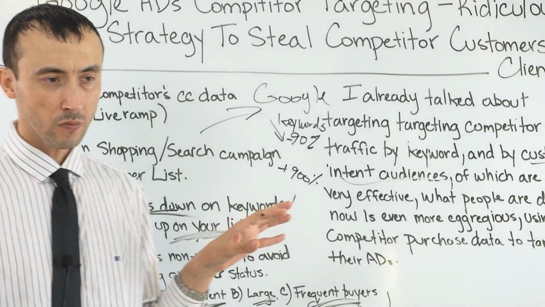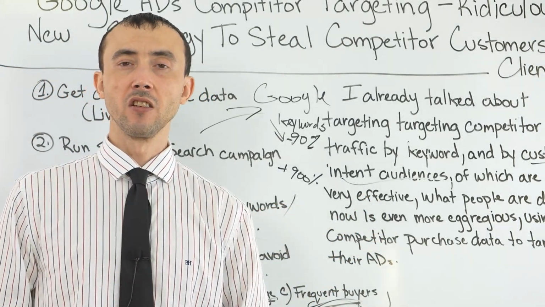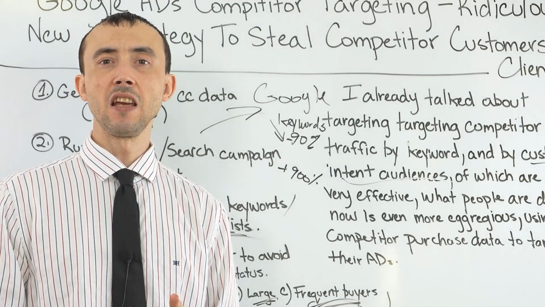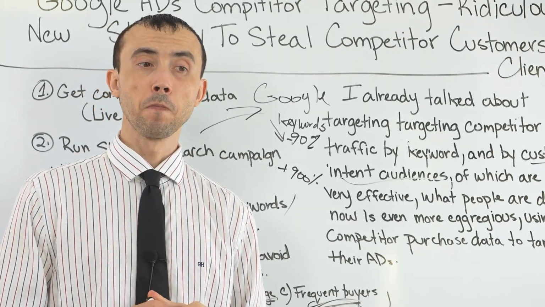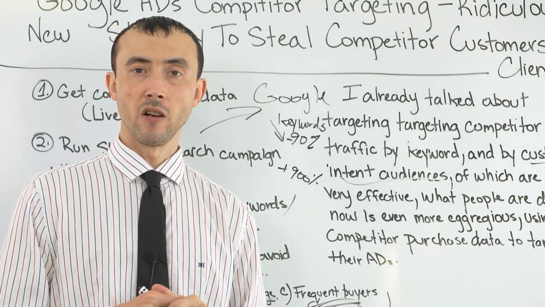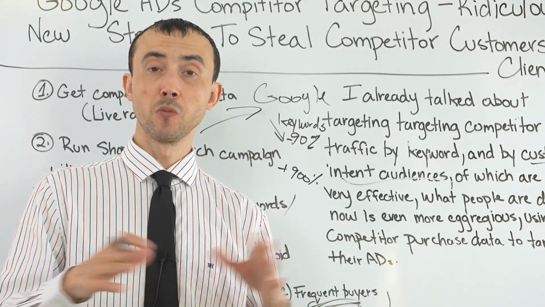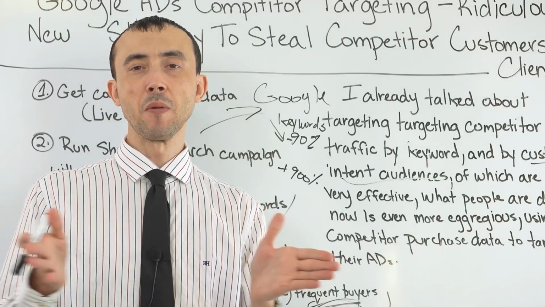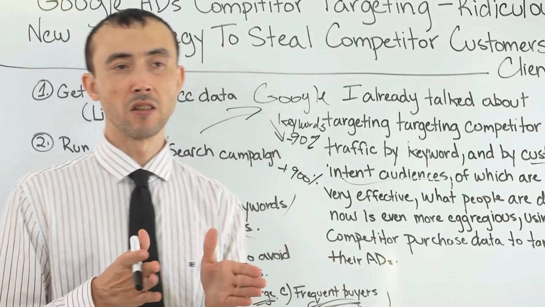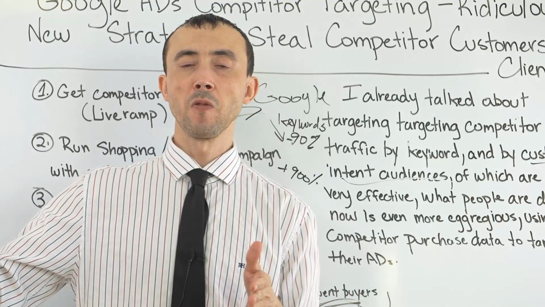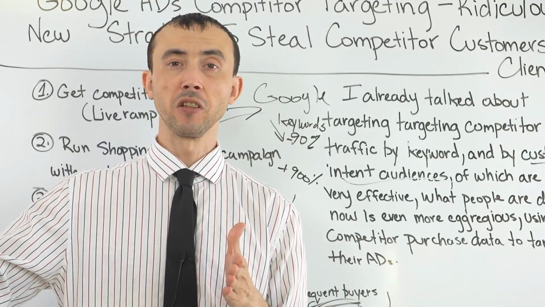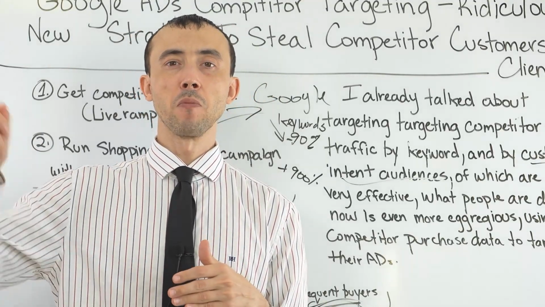Now, I stumbled upon this because somebody had a business partner that had split, a business ran by a couple of guys, partners in business. One partner started another company, brought the customer list with them, used it to power a PMAX campaign.